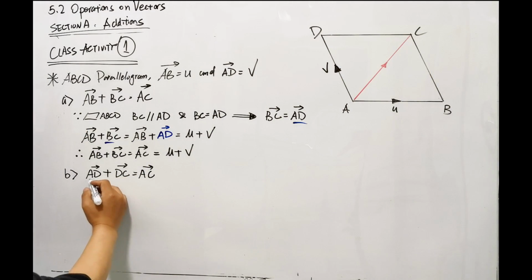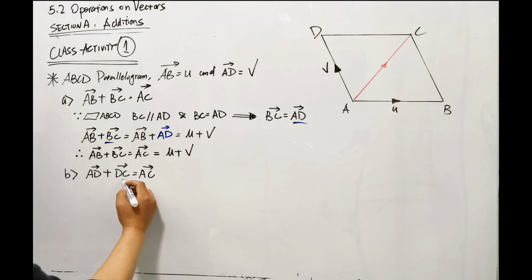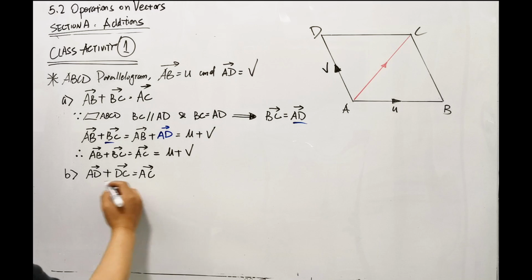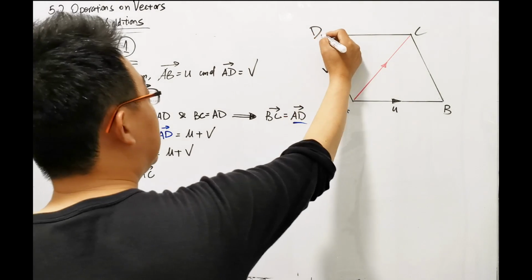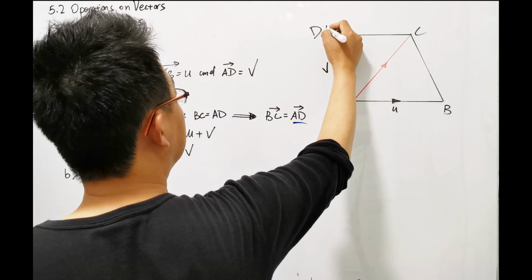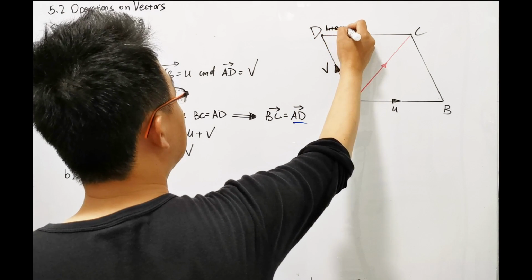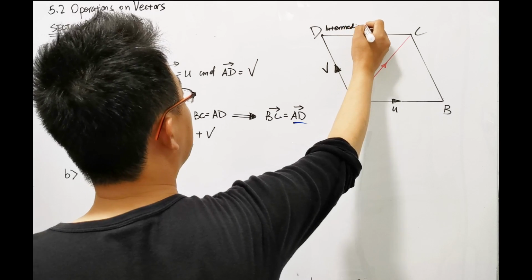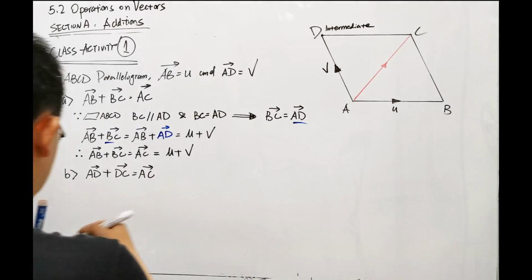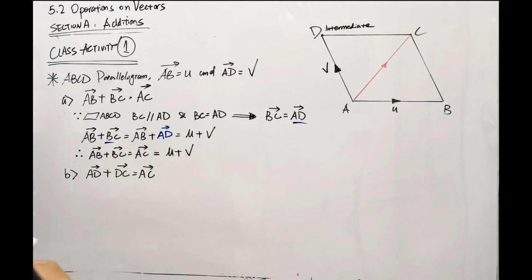The initial point and the terminal point, with D as the intermediate point. So that is also AC.